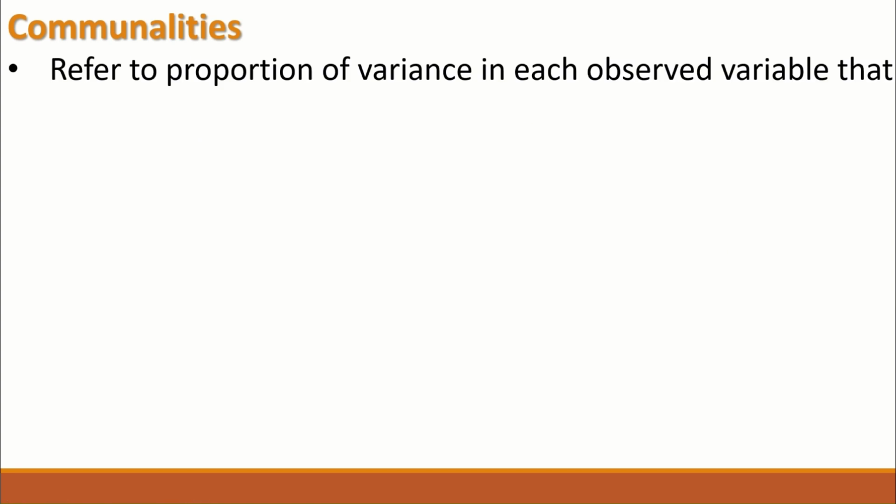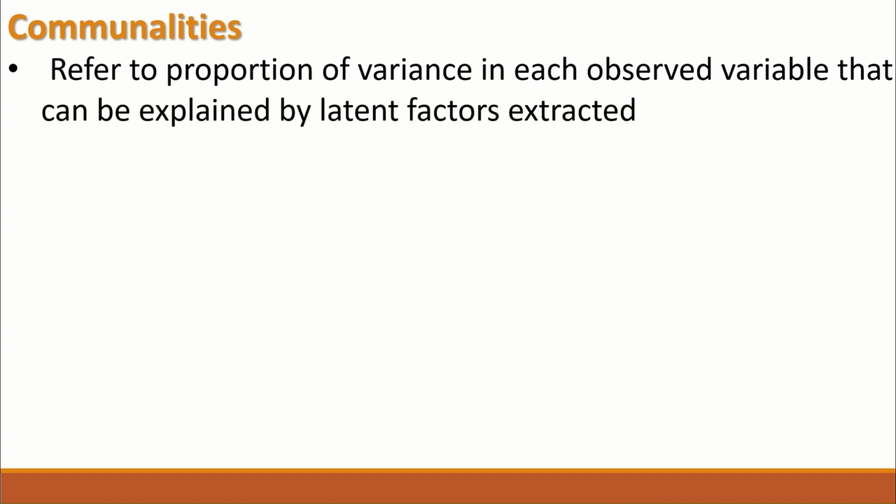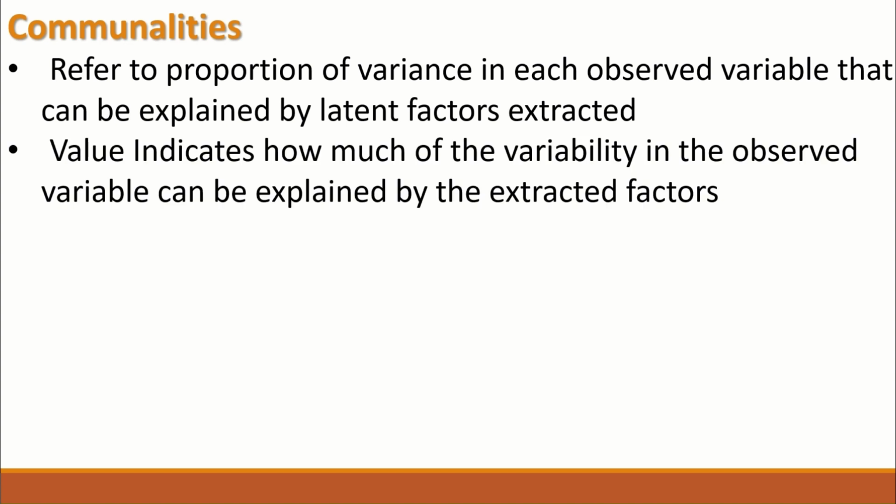What is also important to be checked and examined is a term called communalities, which is calculated after performing the EFA. Communalities refer to the proportion of variance in each observed variable that can be explained by the factor extracted, or the latent factor extracted. So the value for communalities indicates how much of the variability in the observed variable can be explained by the extracted factors.